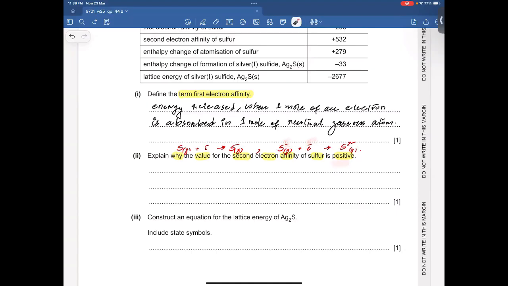Okay. Both S negative and electron experience repulsion.